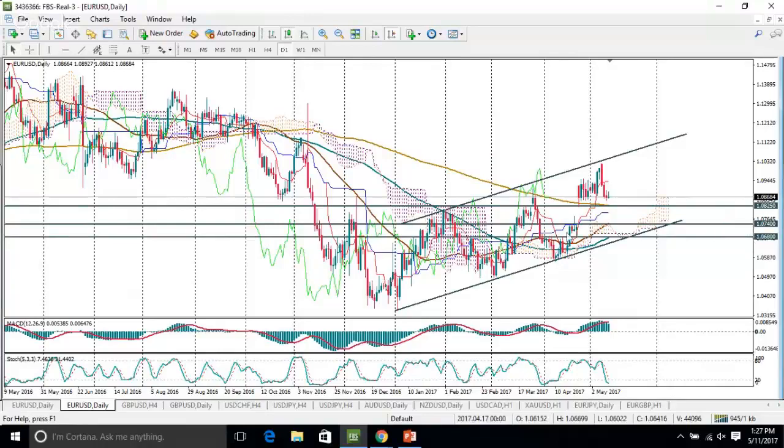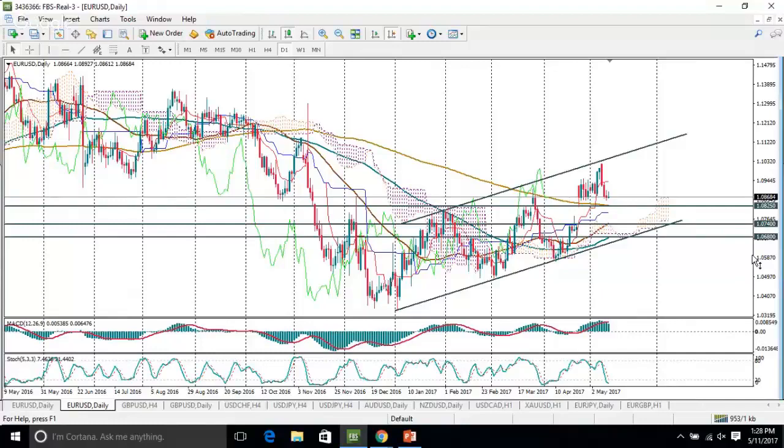So a decline below 108.25 will mean that the picture has become significantly bearish. And this will be a rather safe bet to target 107.40 and 107 marks. All in all, we can see that the current technical picture kind of opens the way for further correction of the pair to the downside.